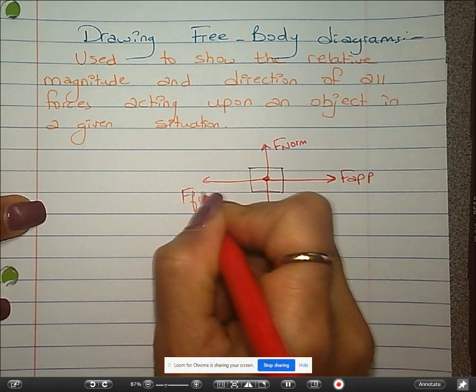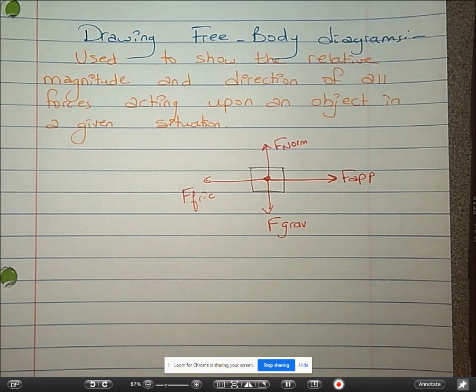I'm just showing you the diagram. I just want you to see what it means when we talk about diagrams or free body diagrams, all right? All right, so let's see.